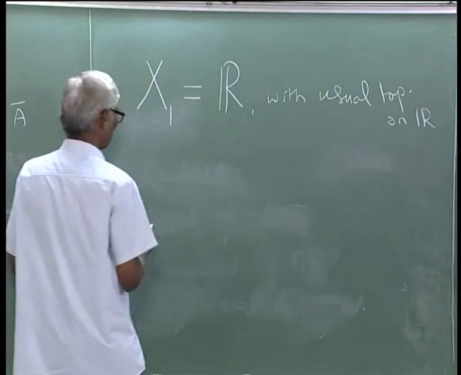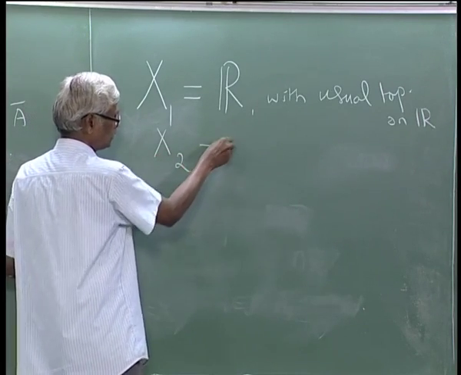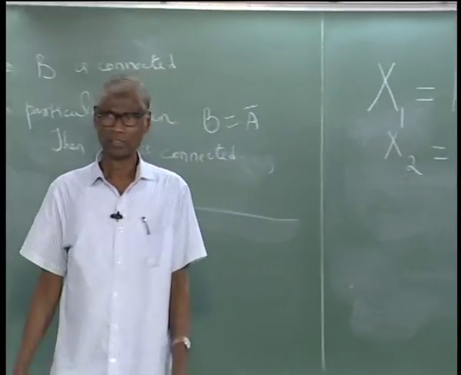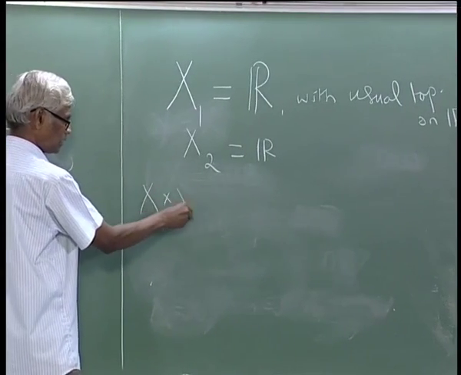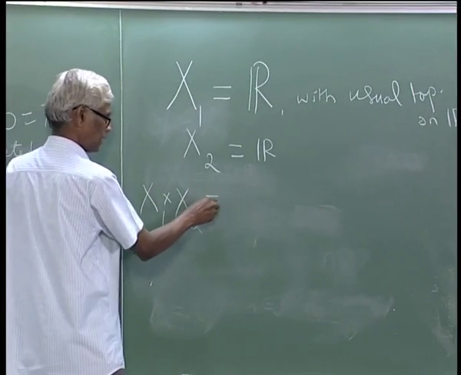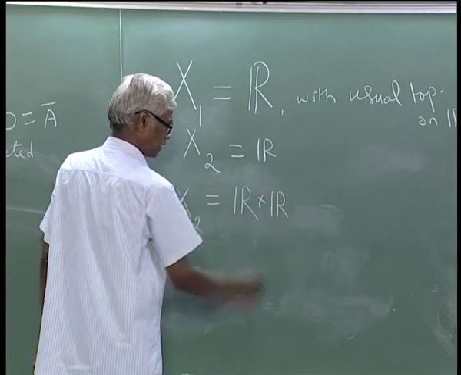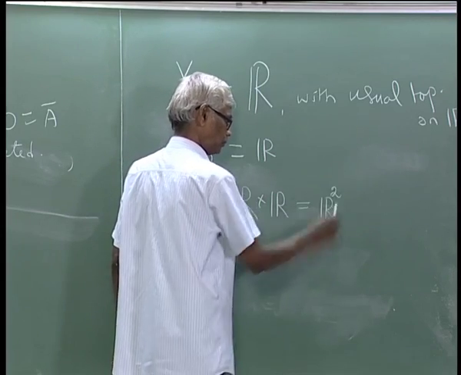X1 is in R, we will take X2 also R with the usual topology. Then what is our X1 Cartesian product X2? It is nothing but R cross R. This is what we denote by R power 2.